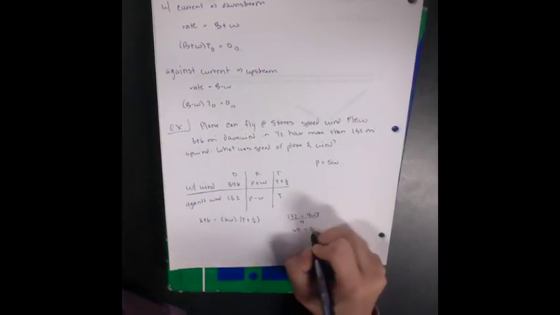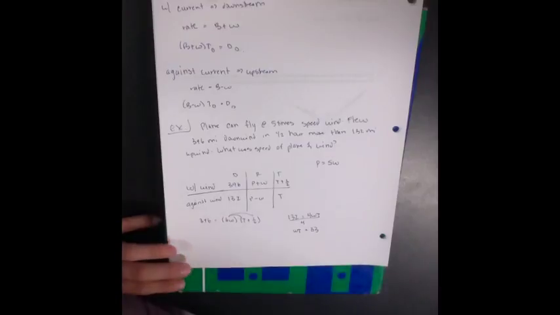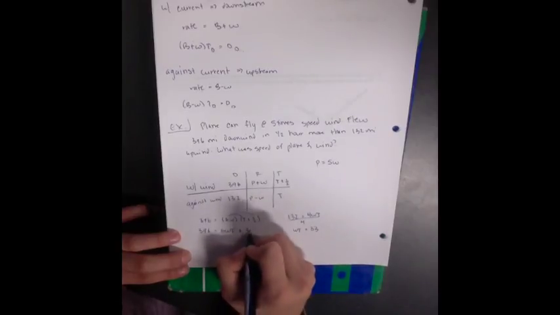I'm going to solve this equation for WT. WT, I know I can use to plug into my other equation. So I will do 132 divided by 4, which gives me WT is 33. Now let's look at this equation. We're going to distribute. So 396 is 6WT plus 6 times a half is 3W.